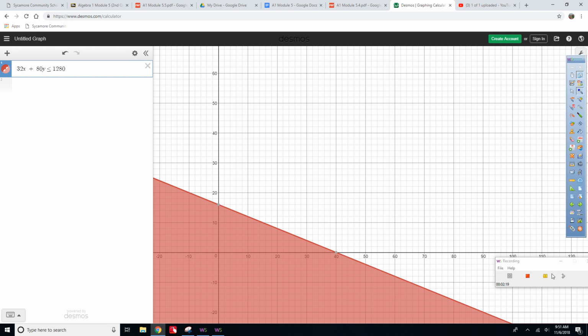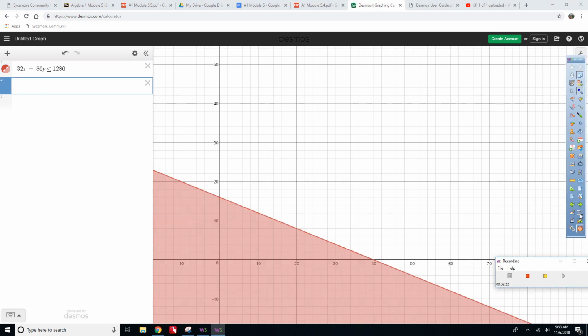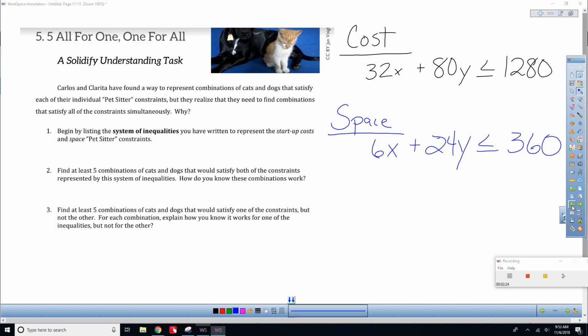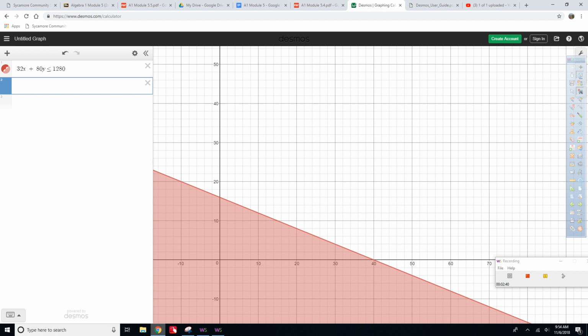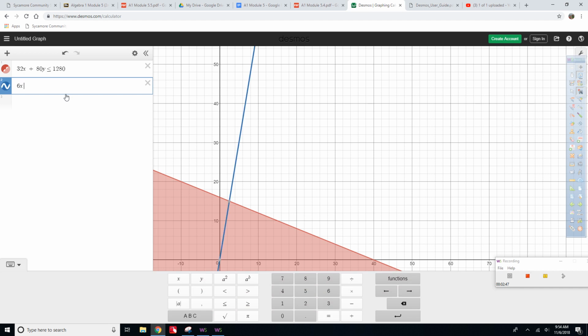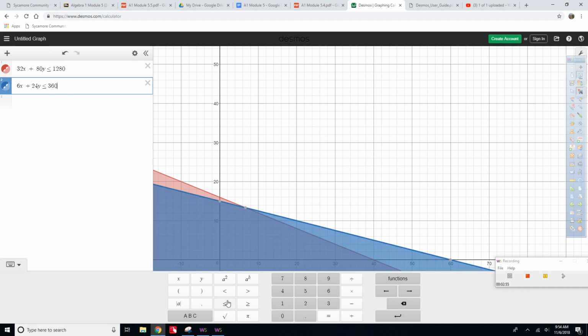Let me pause this real quick. Okay, so I'm sure you guys are smarter than me and you can figure it out, but for right now I've just got to list. So unfortunately our cost equation is going to be shaded in red. Now let's type in our space equation, and it's actually in blue, so that happened to just work out for us. It is 6x plus 24y is less than or equal to 360.